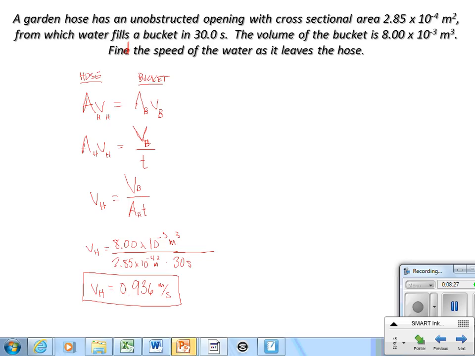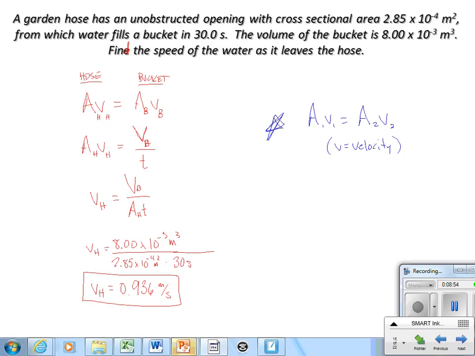Tomorrow we'll work through some continuity problems. I would say the biggest deal is A1V1 equals A2V2, with v as velocity.